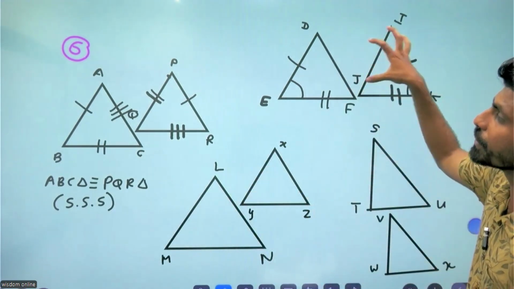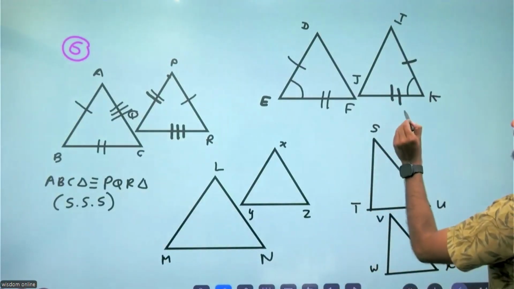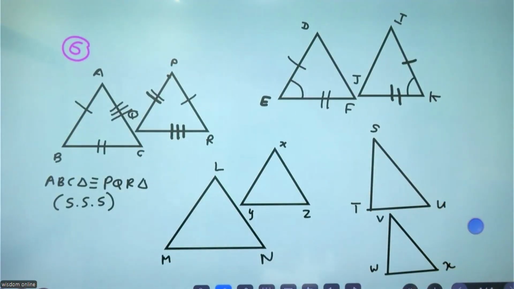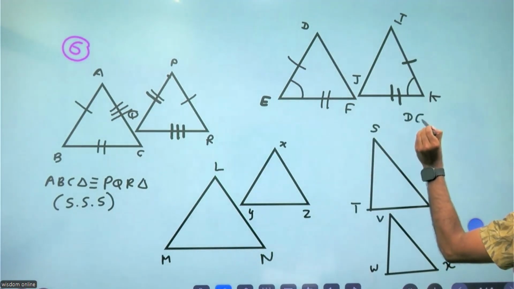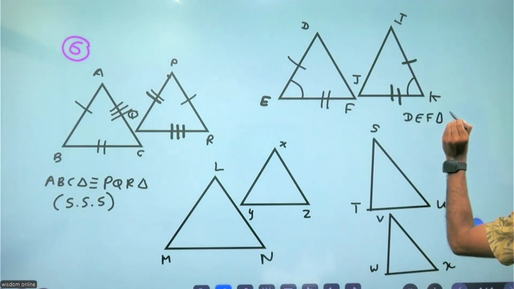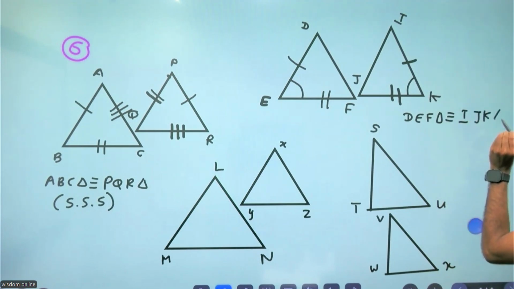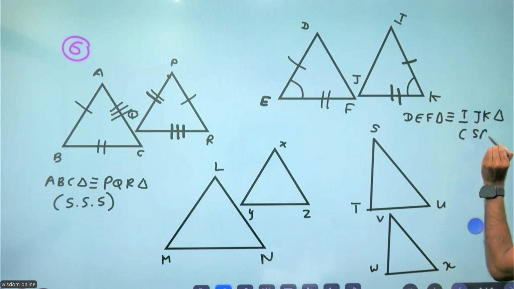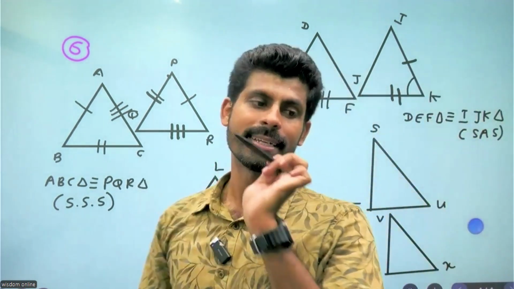Therefore, these two triangles are congruent under the SAS category. Triangle DEF is congruent to triangle IJK. What is the reason? SAS category. Side angle side.